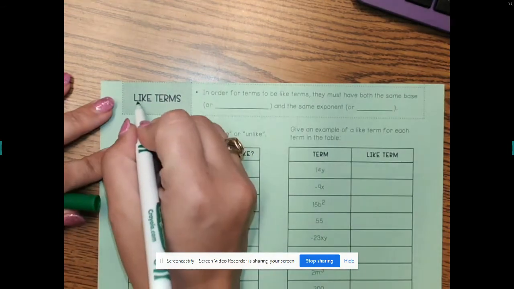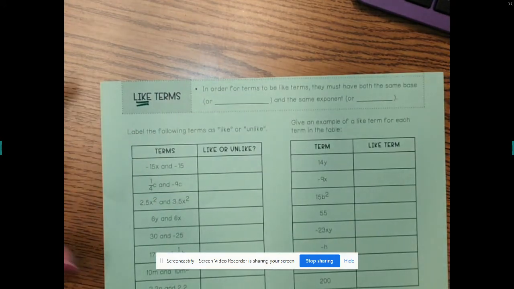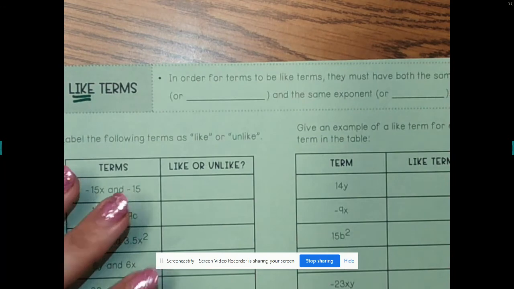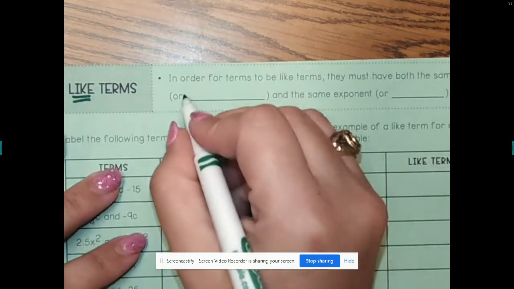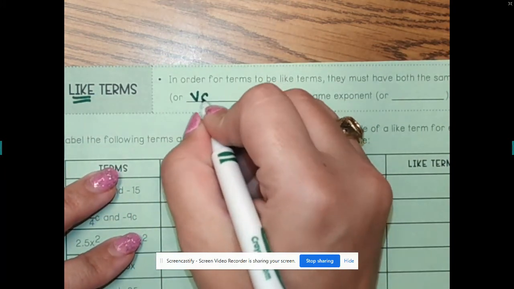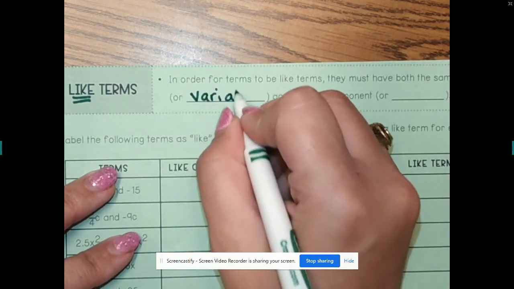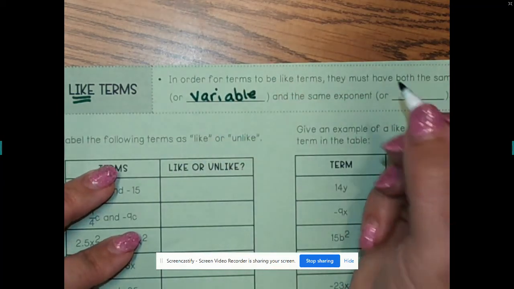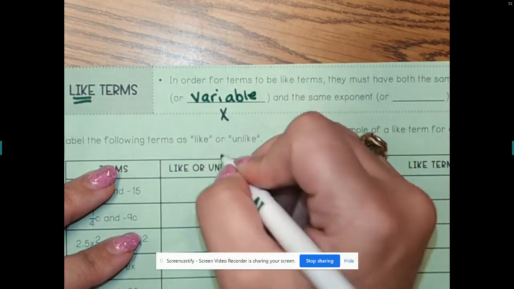No, it's called like terms because they have to be the same. You can only combine things that are alike. In order for them to be like, they have the same base or variable. What is a variable? It's the letter.